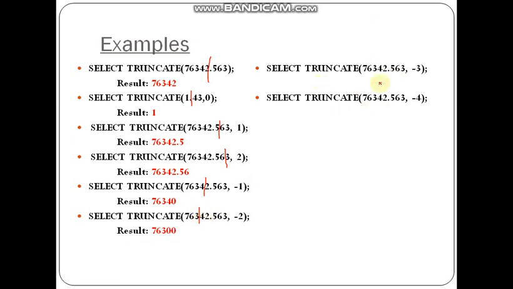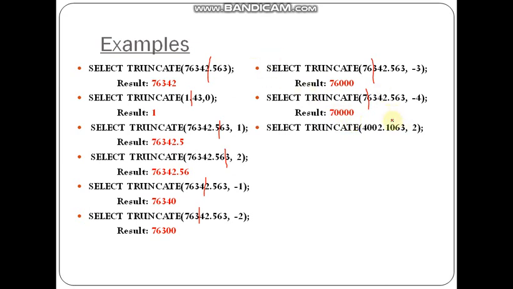Whatever it may be, truncating is just chopping off the digits. Minus 3 means the thousands place. 76 is the answer. Minus 4 means the 10,000s place. Earlier in rounding it was 80,000, but here it is 70,000 only. So just go through these sample examples also.